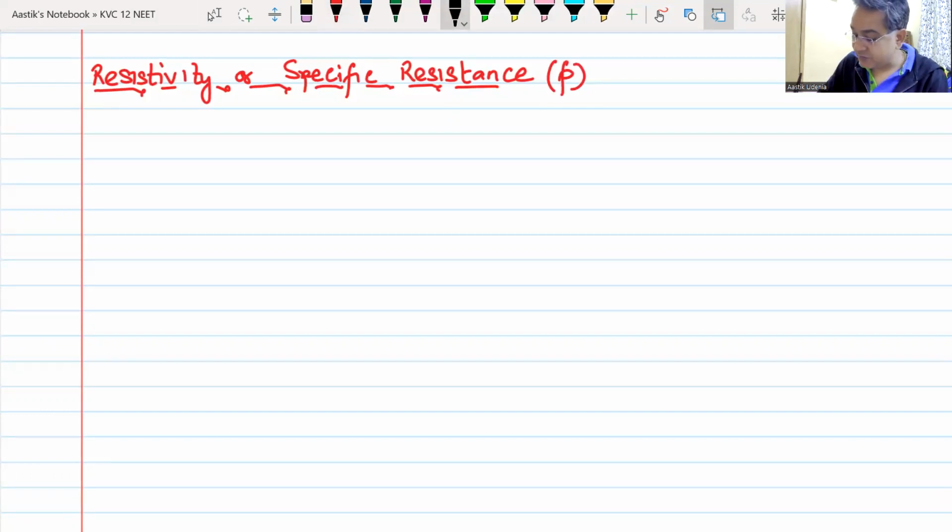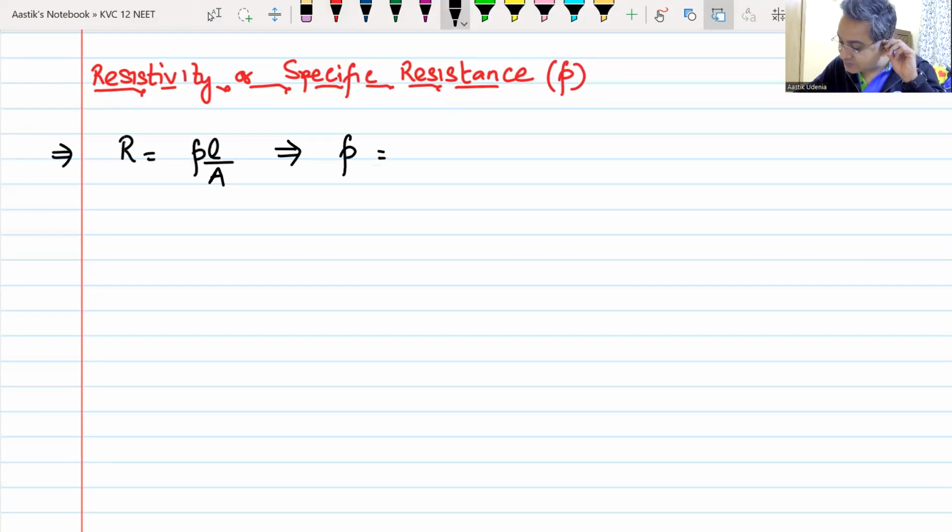Now, we have already seen that the resistance of the wire is rho L by A. From here, you can find out the resistivity. Resistivity will be R into A by L.